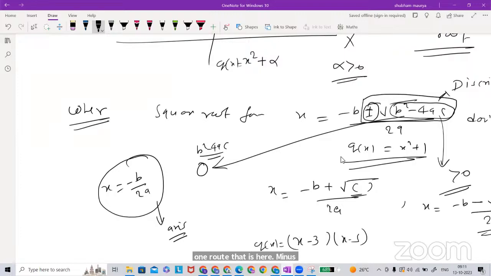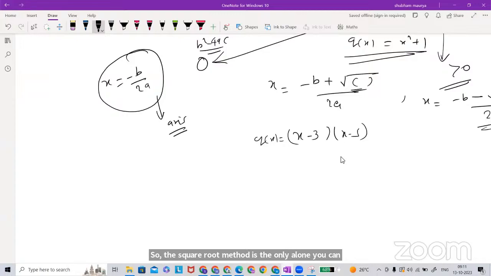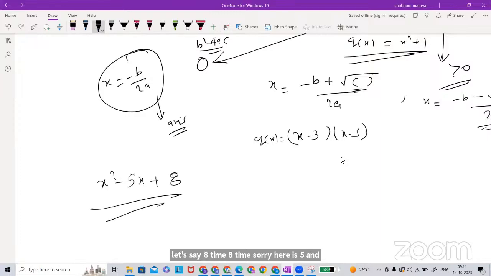The square root method is the only one you can solve alone. There is another method, which is factorizing. For example, I can give you an example. Suppose you have x square minus 3x plus, let's say, 8. How will we factorize that? We take the constant part.